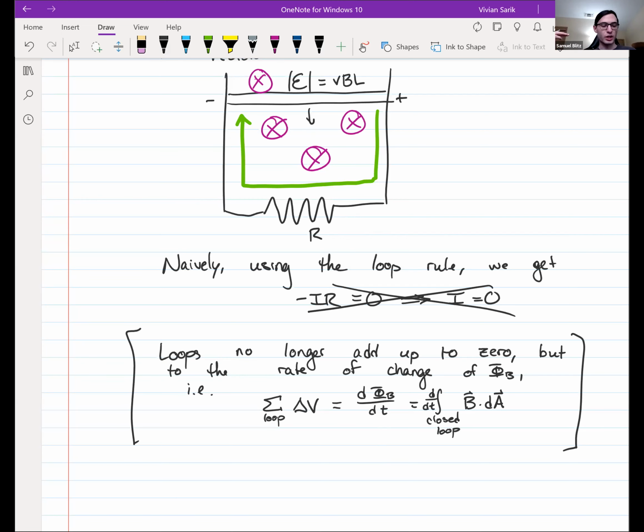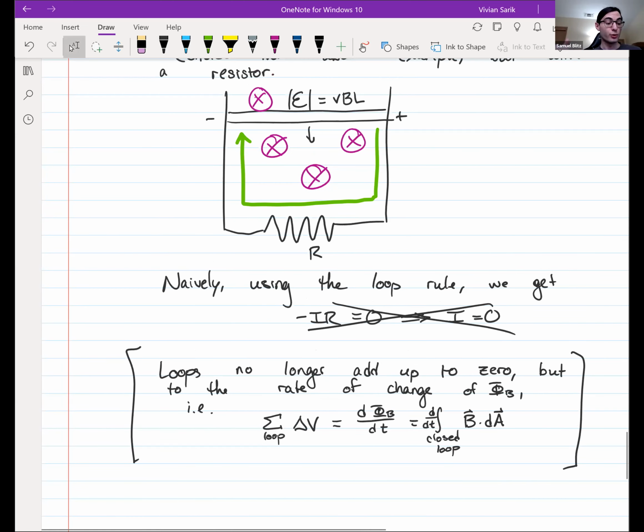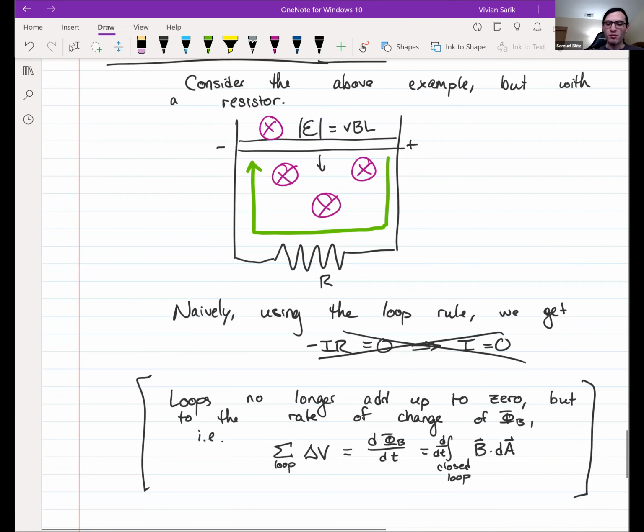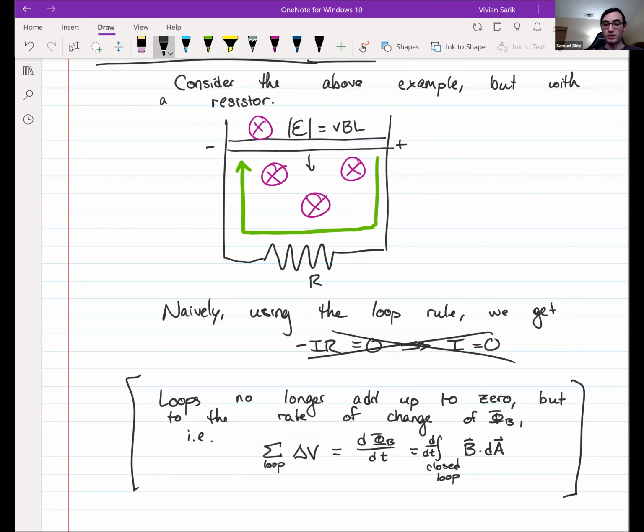So just as a quick note, the question then is why is it a plus sign there instead of a minus sign? We've established that the reason we want to add a term like this is so that, for example in this example, we would get that E is equal to IR.